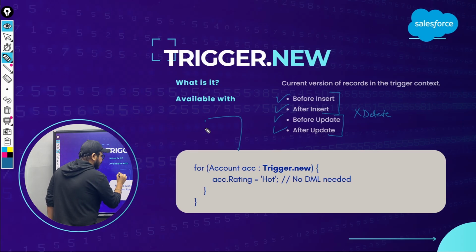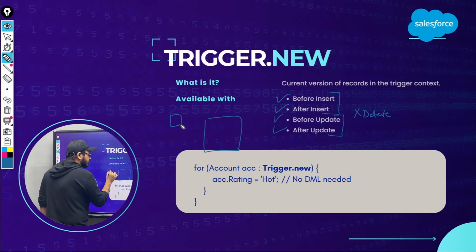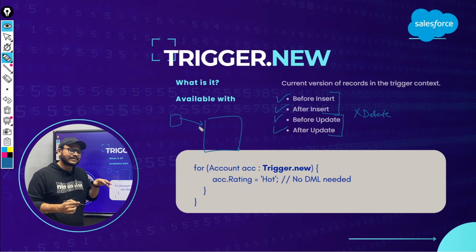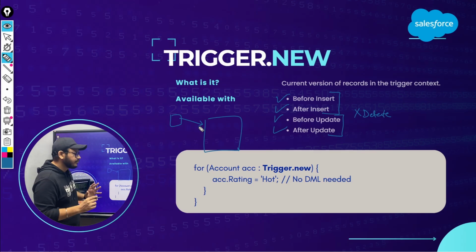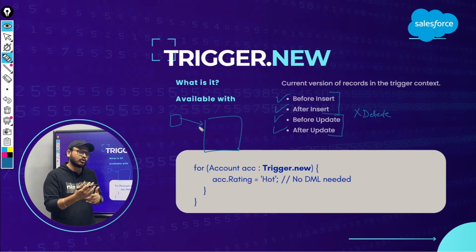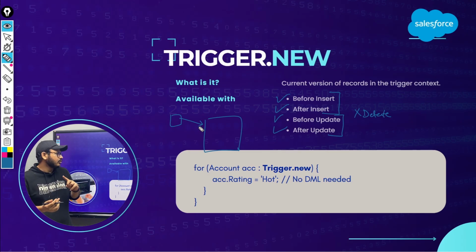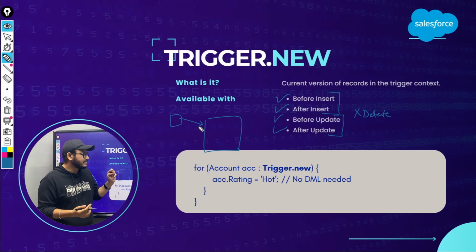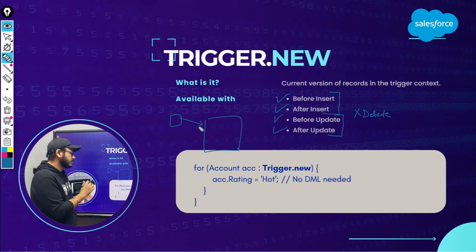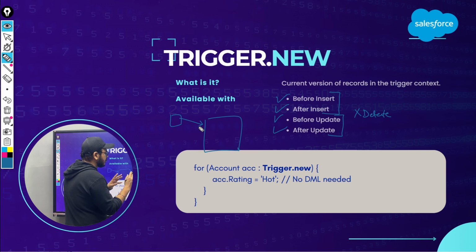If there is a database and a record which is trying to get into the database, Trigger.new is the value of the record before it gets saved in the database. Whether it is an insert or an update operation, Trigger.new is the value available before the record actually gets saved in the database. That is what Trigger.new contains.